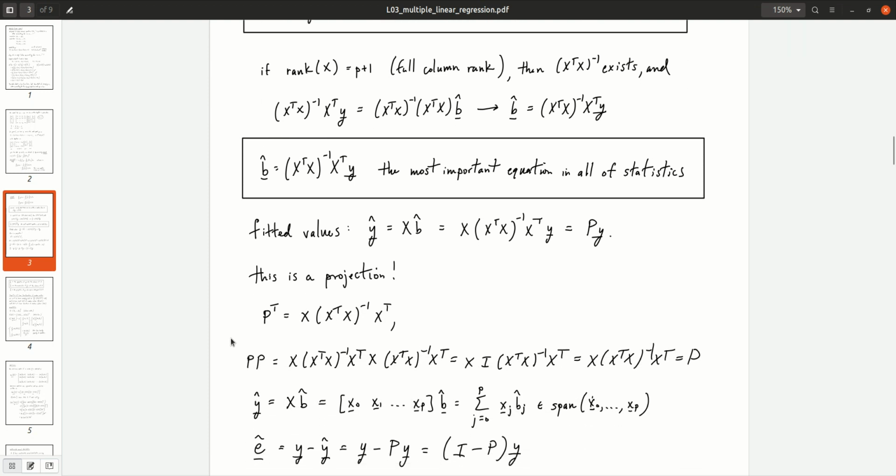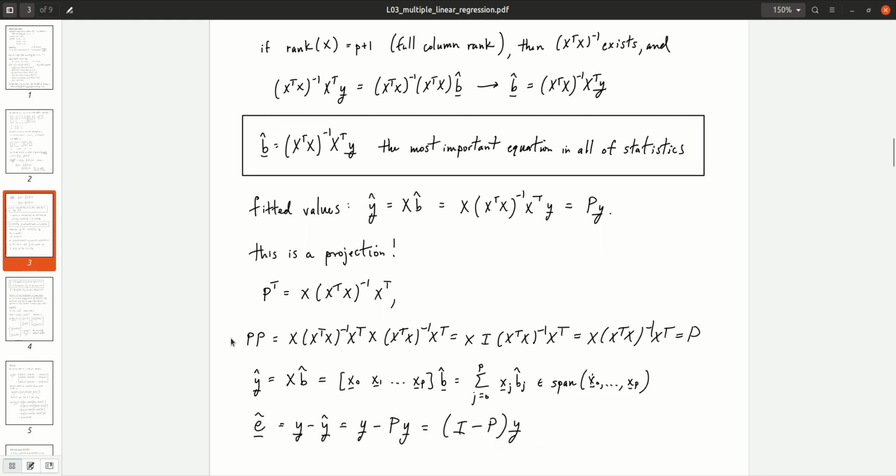Now let's talk about some other important objects here. I'm going to define y hat as X, the design matrix, times the estimated regression coefficients, X b hat. These I'm going to call the fitted values.